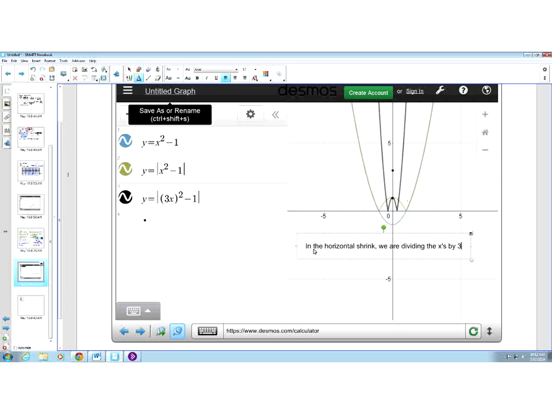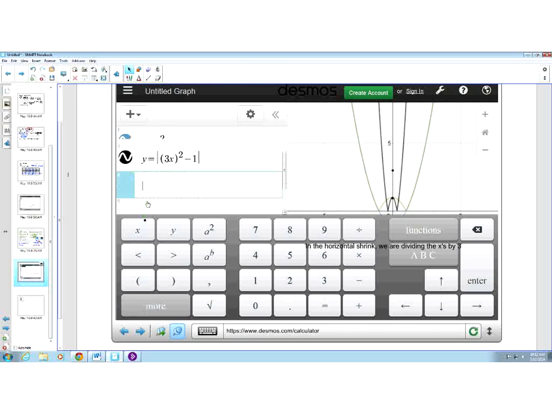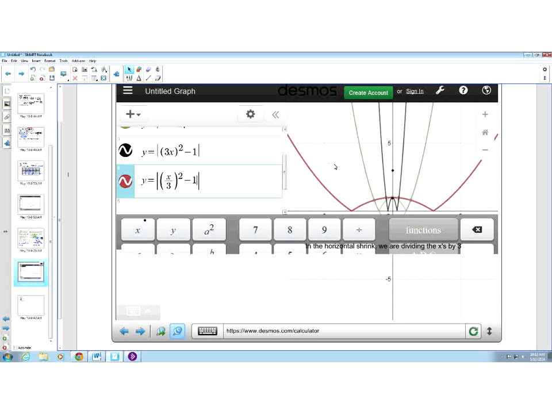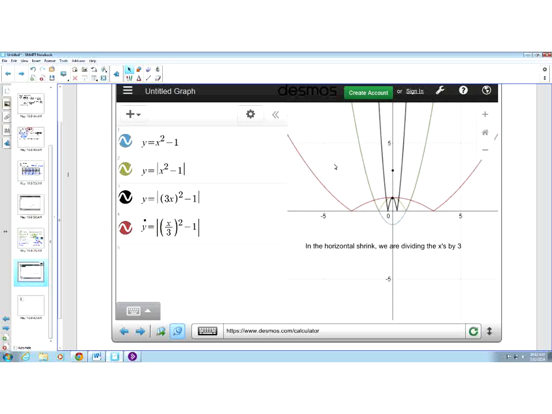Okay, so now conversely, if we want to do a horizontal stretch, we would have to choose a number, say between 0 and 1 as the factor on x. So y is equal to, say, x divided by 3, quantity squared, minus 1. And it's rather dramatic now, right? So this would be a horizontal stretch.